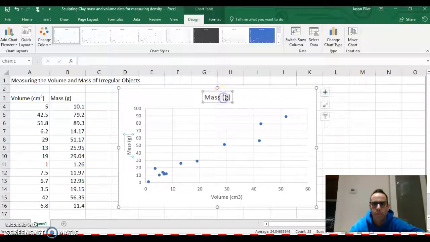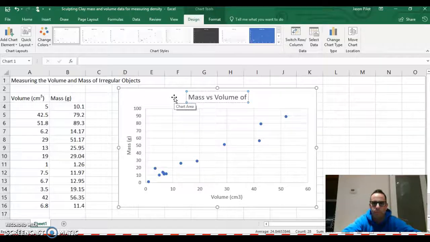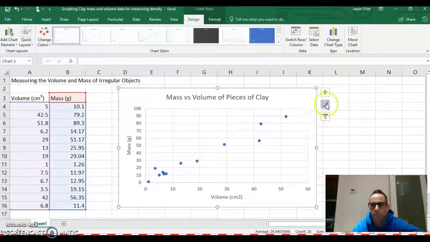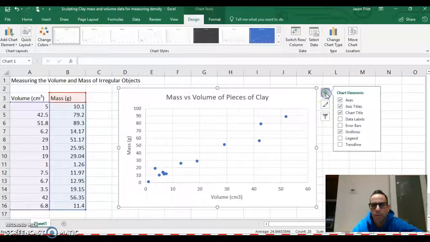And we're going to rename our title at the top. All right, mass versus volume of pieces of clay. Real simple. So now we want to add a trend line.